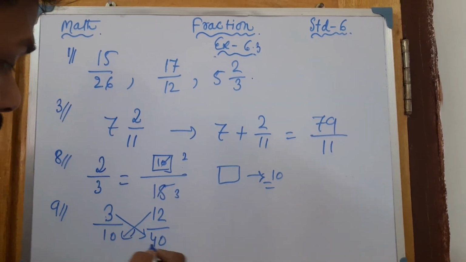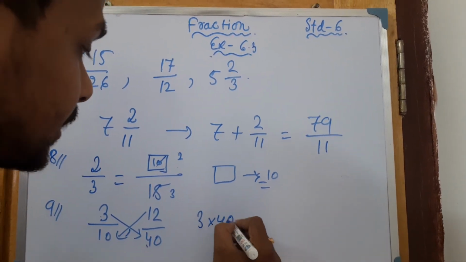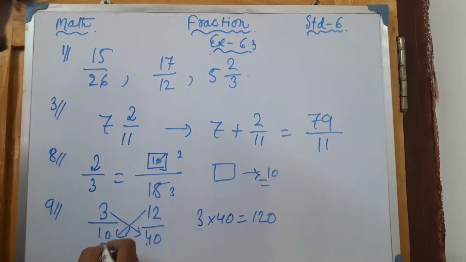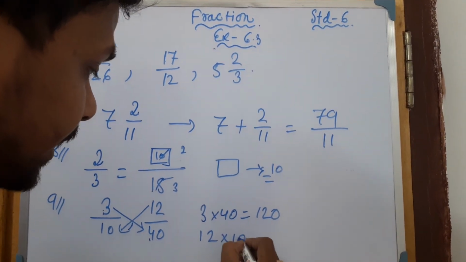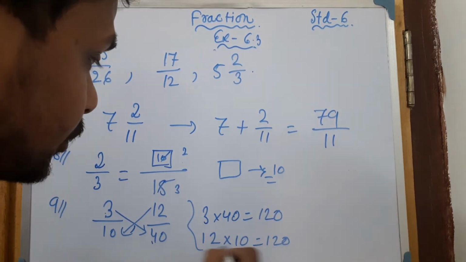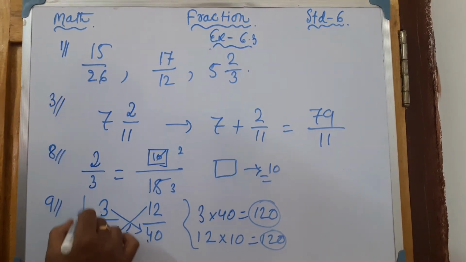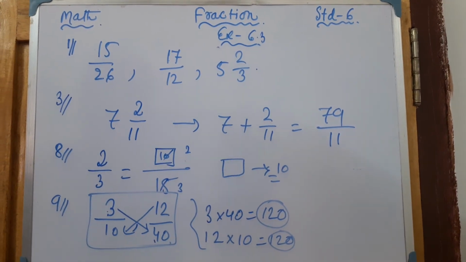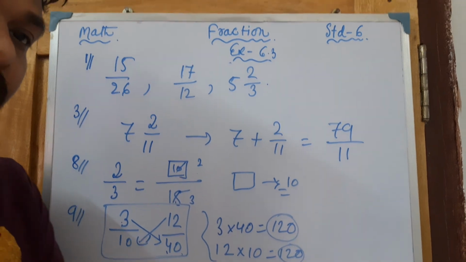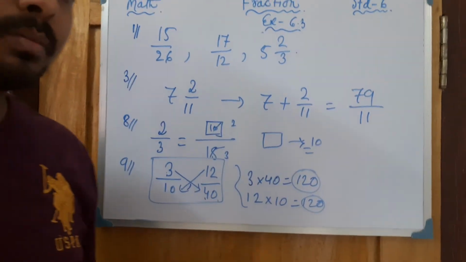So from here, 3 into 40 means 120, and 12 into 10 means 120. Both are coming the same, so definitely these two are equivalent fractions. The rest you have to do at home. So thank you.